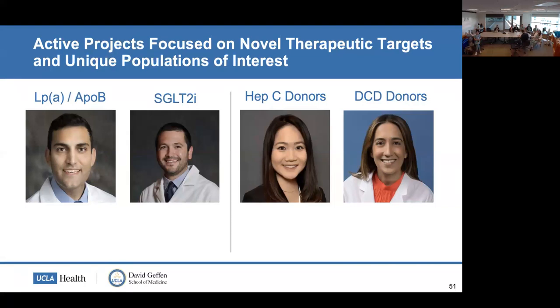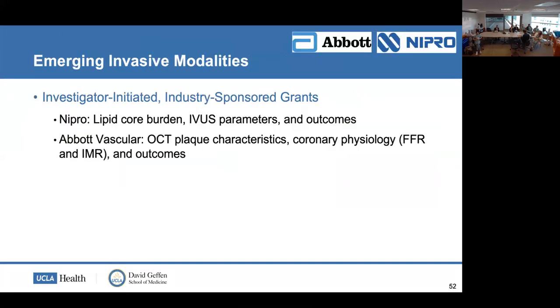Adrian Castillo, one of our cardiology chief fellows and future interventional fellows, is looking at if SGLT2 inhibitors have any effect on CAV, accelerated disease, and outcomes. Juka is looking at the impact of Hep C donors on the rates of CAV, and Nagin is looking at DCD donors and how that's impacting early rates of CAV.